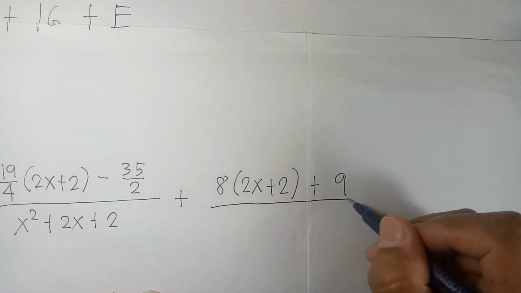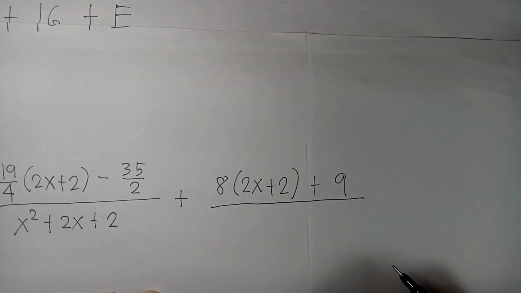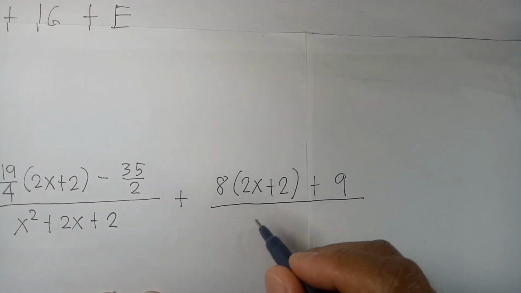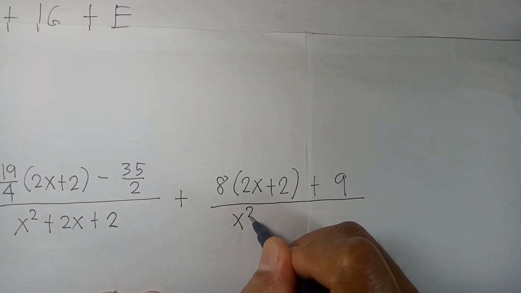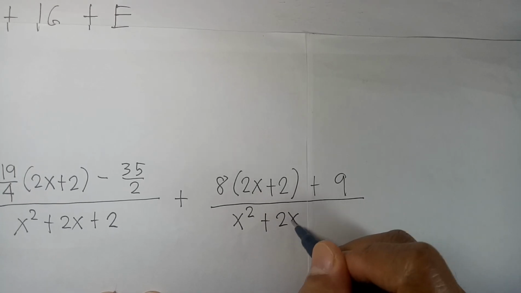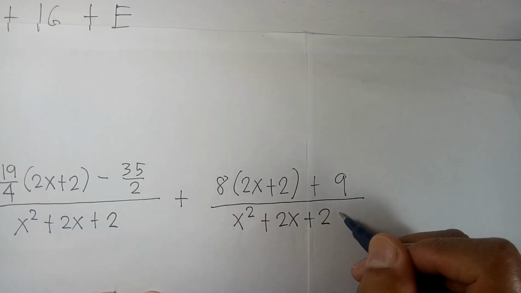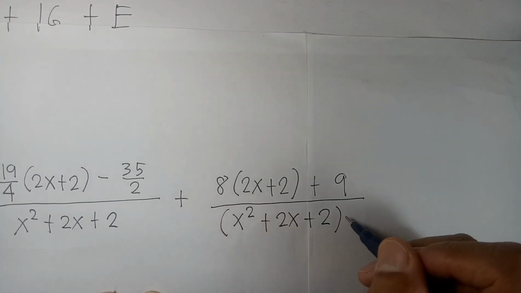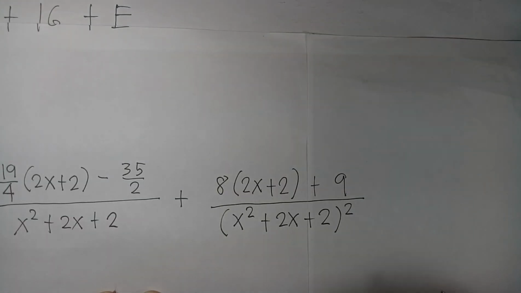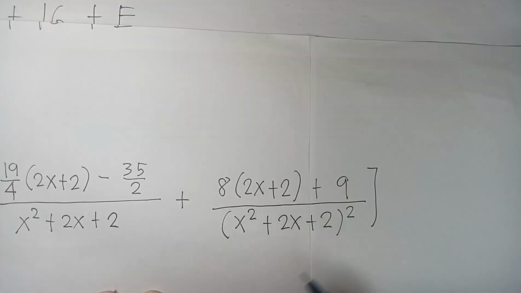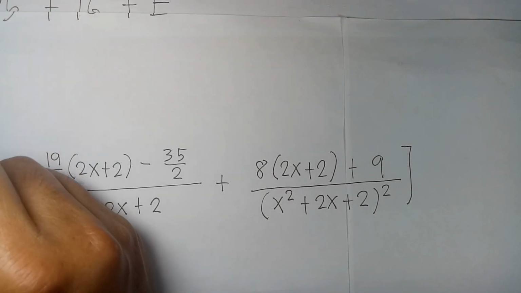And then divided by x squared plus 2x plus 2 quantity squared. And then times dx.